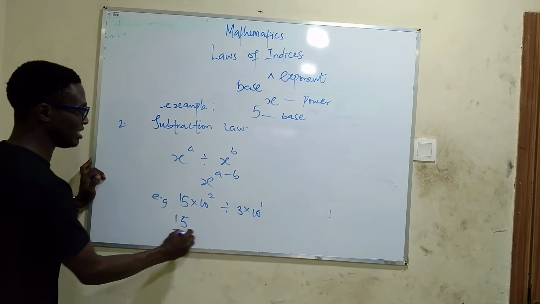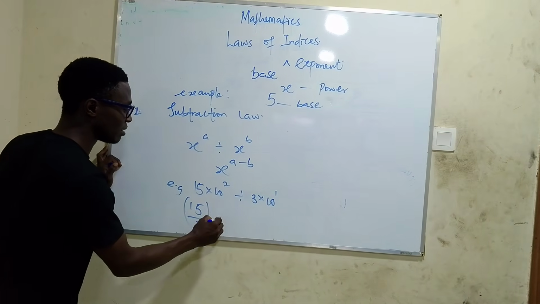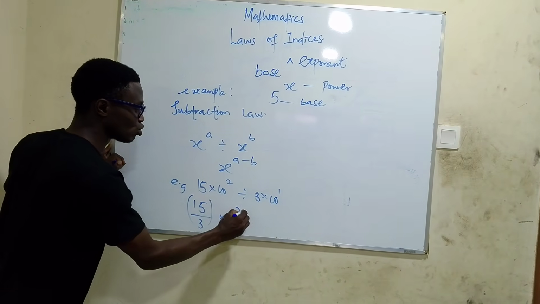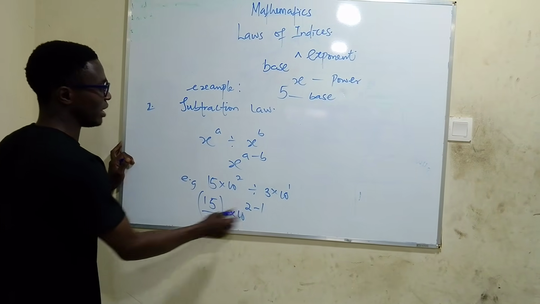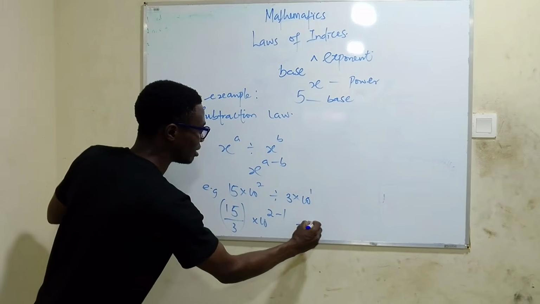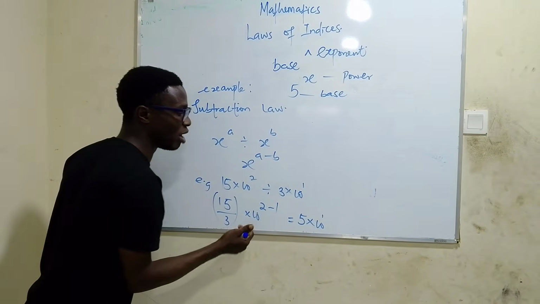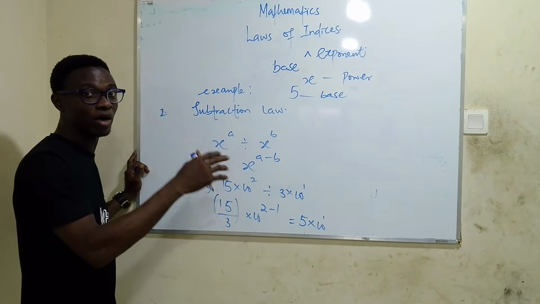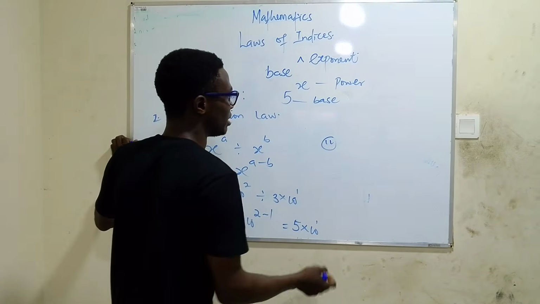So we say 15 divided by 3 straight, and we take one of the 10 raised to power 2 minus 1, because we said for the powers we have to subtract. Then the final answer here will be 5 times 10 to the power of 1, and that is the same thing as 5 times 10.